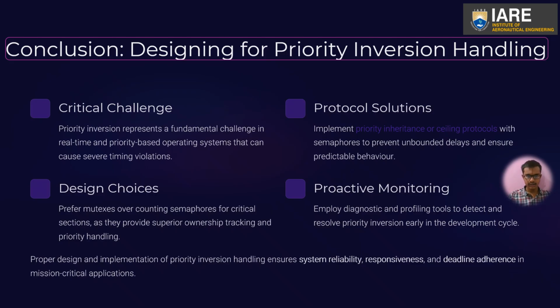Design choices: we have to prefer mutexes over counting semaphores for critical sections, as they provide superior ownership tracking and priority handling. And finally, proactive monitoring: we have to employ diagnostic and profiling tools to detect and resolve priority inversion early in the development cycle.